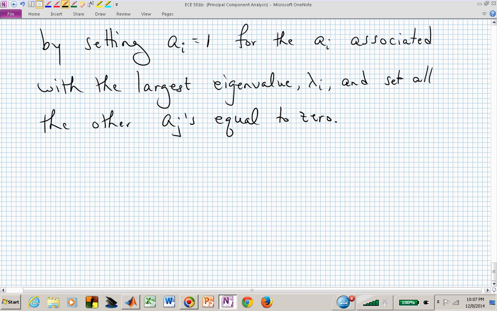There's no loss in generality in saying that we've ordered these e's so that the largest eigenvalue is lambda sub 1.